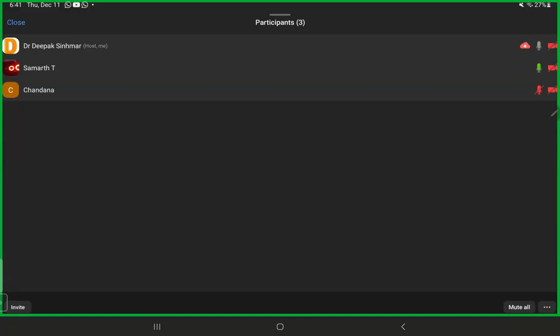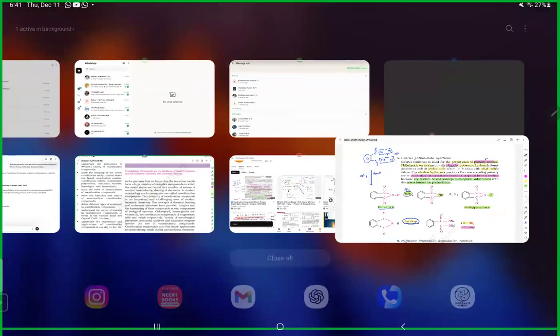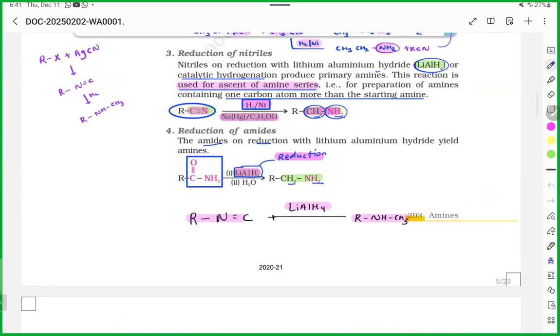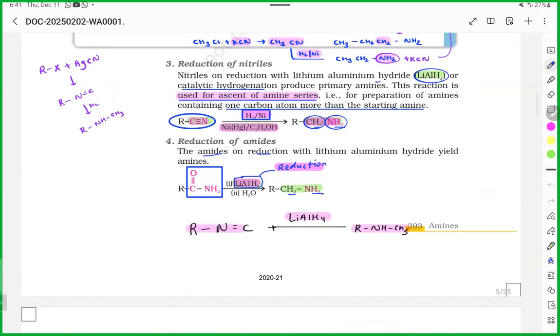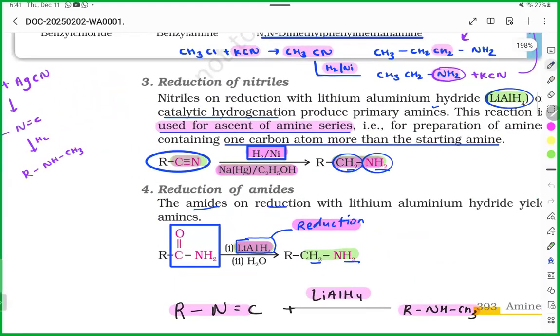Alkyl halide has one carbon less, and cyanide can be produced from RX.